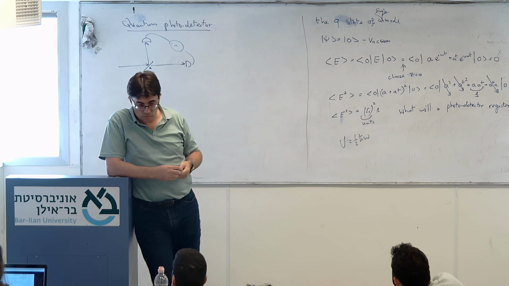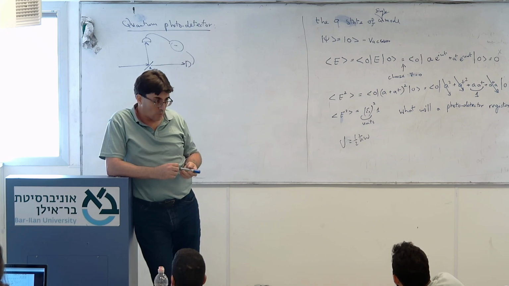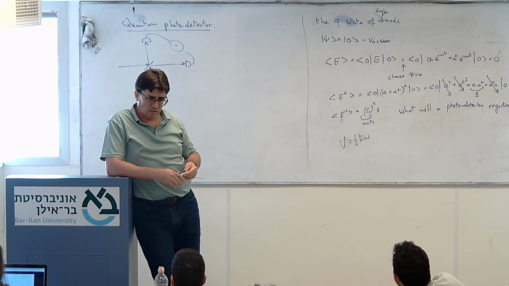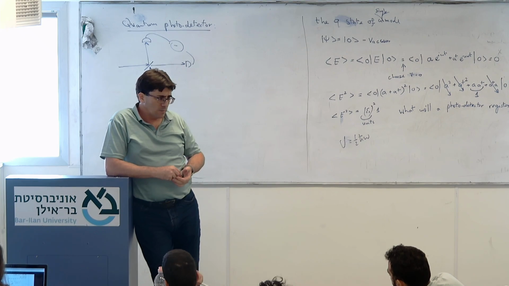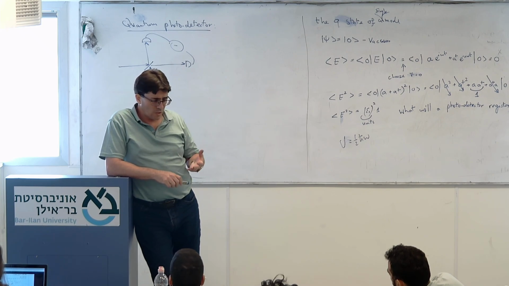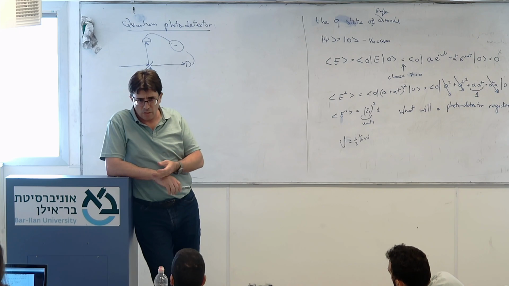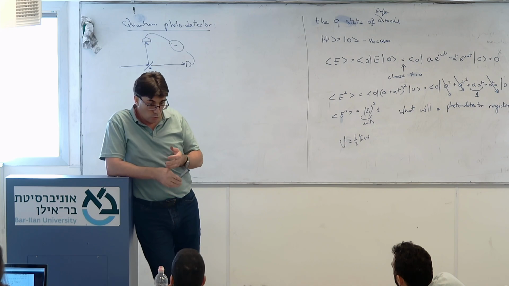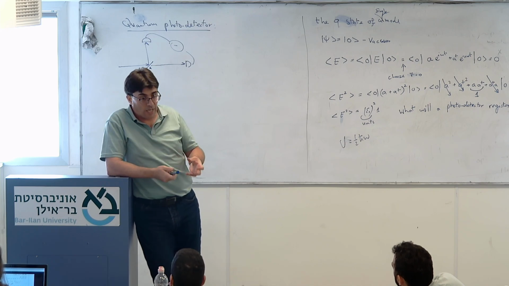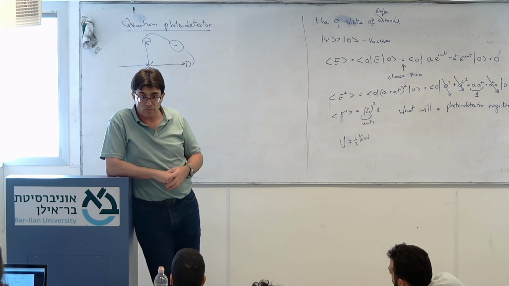So in many ways, and we'll see that later, the quantum explanation for spontaneous emission is that there's no such thing as spontaneous emission. There's only stimulated emission. But when you don't shine light, vacuum is there to stimulate the light.